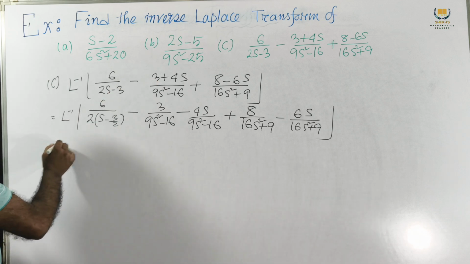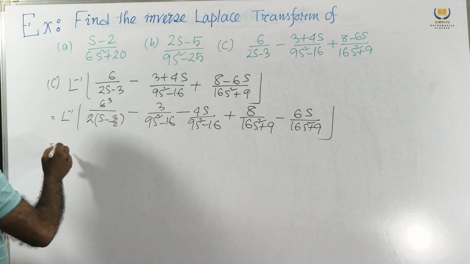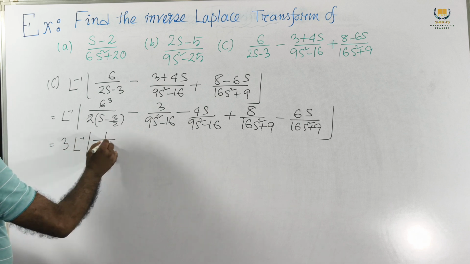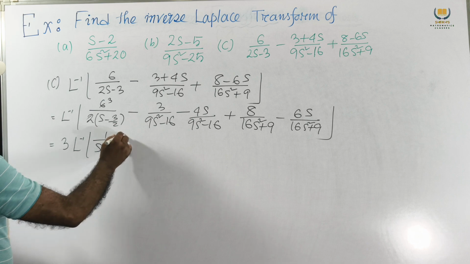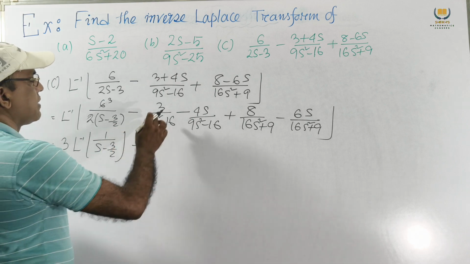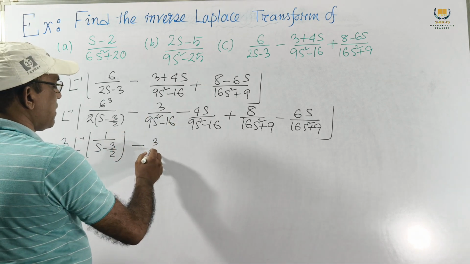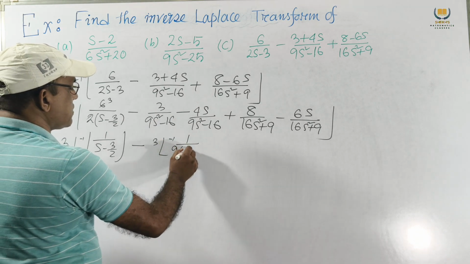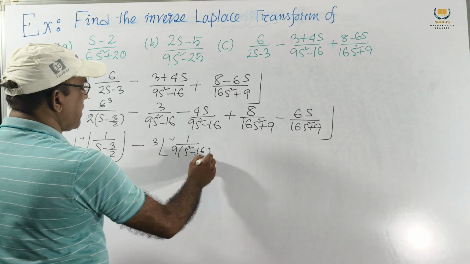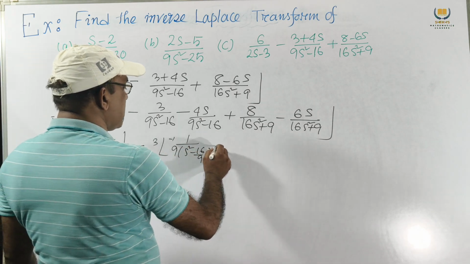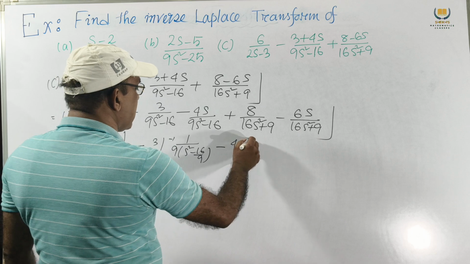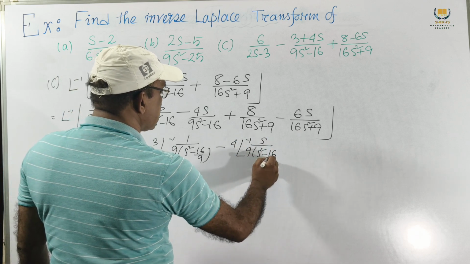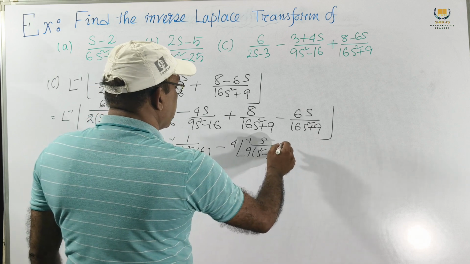Then this 2 cancels, we get 3. Taking 3 outside, L inverse 1 by s minus 3 by 2, and this 3 taking outside, L inverse, from this 9 common, s square minus 16 by 9, we get this. This 4 outside, L inverse s by 9 common, s square minus 16 by 9, we get this one.